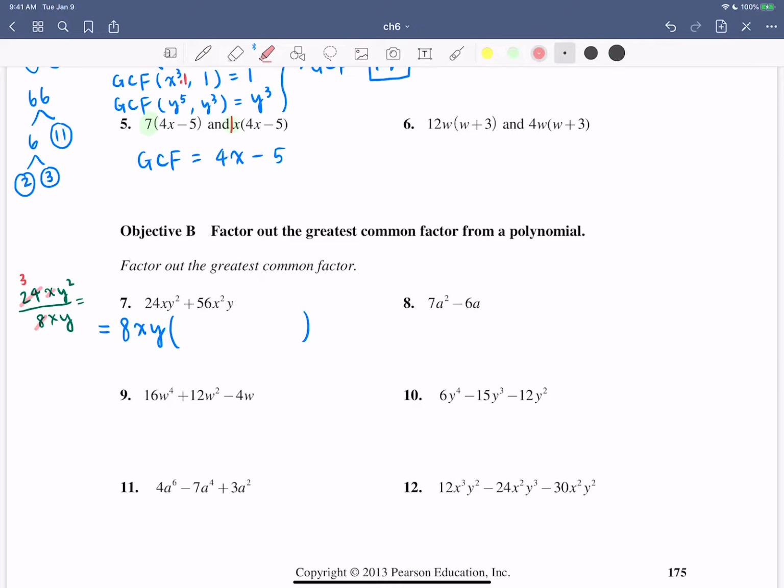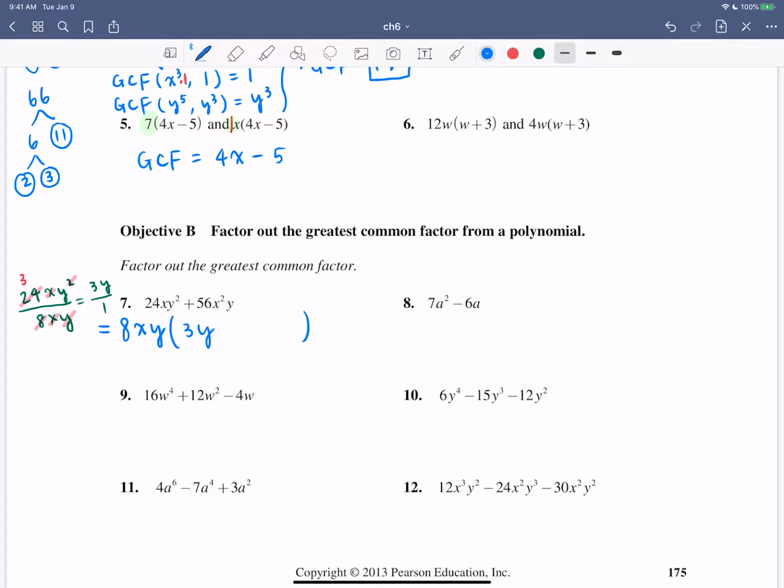And then x and x cancel out. Y and this y squared: you have 2 y's on the top, 1 y on the bottom. So you cancel out 1 y. You have 1 y left on the top. Then you're going to write down what's left. So we will have 3 on the top, y on the top, nothing on the bottom, which is just 1. So it's basically 3y. And therefore, you're going to write 3y inside.